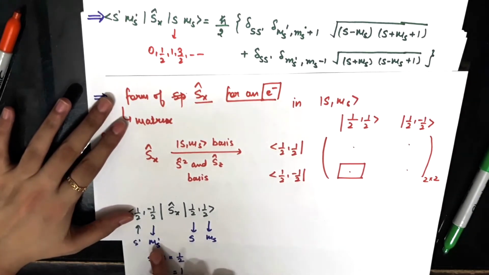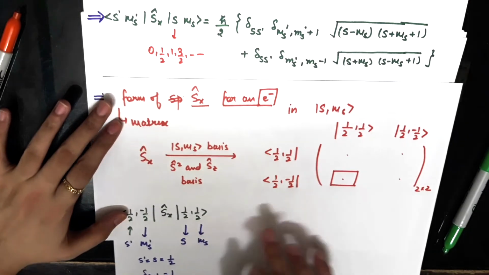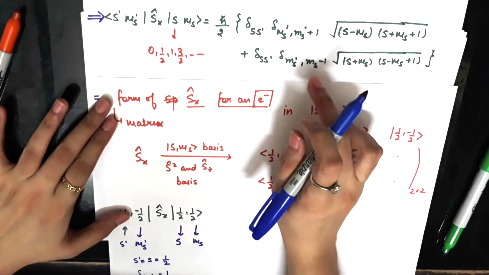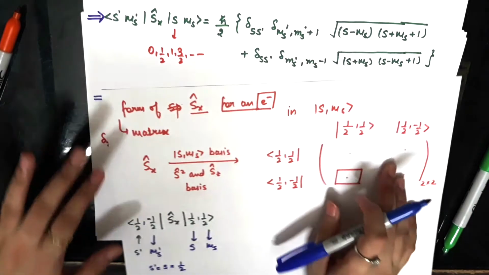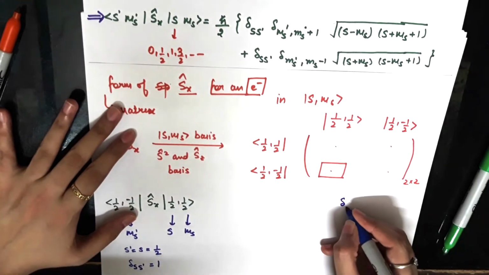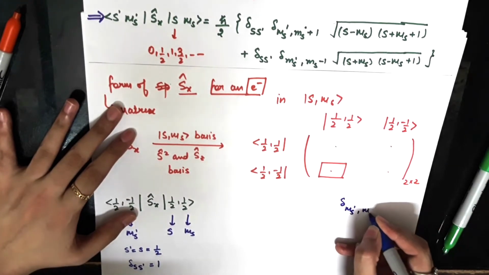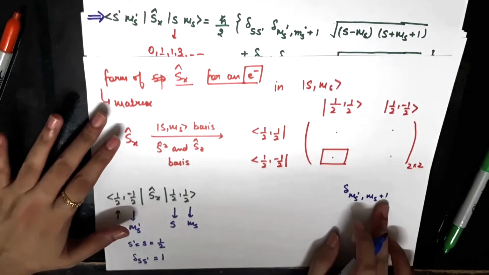Now I see that MS prime is minus half and MS is half. The first term here has a delta MS prime, MS plus 1. Let's test whether this Kronecker delta survives or not.